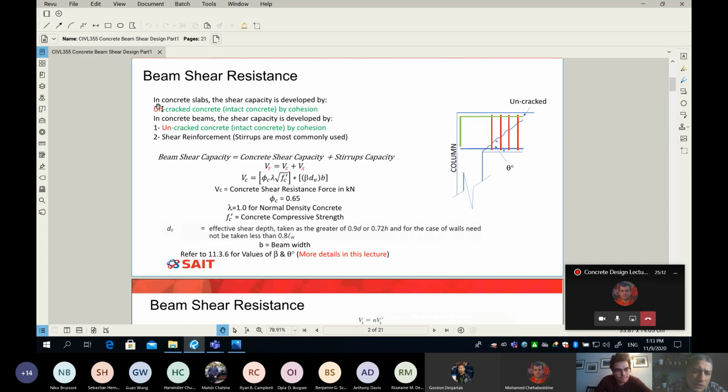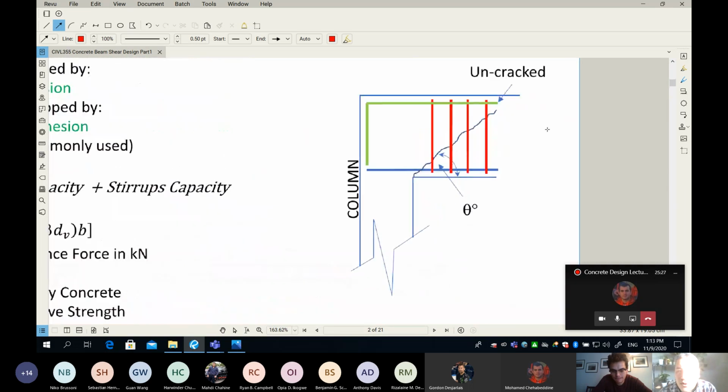But let me remind you, in a concrete slab, the shear capacity is developed by only one element, which is the uncracked concrete portion. If you look at my screen, I'm going to zoom into the top right here. We know that the shear crack will come at almost a 45 degree angle.